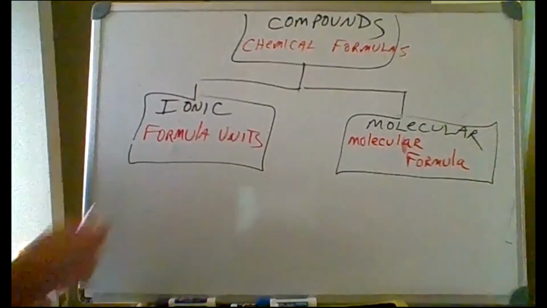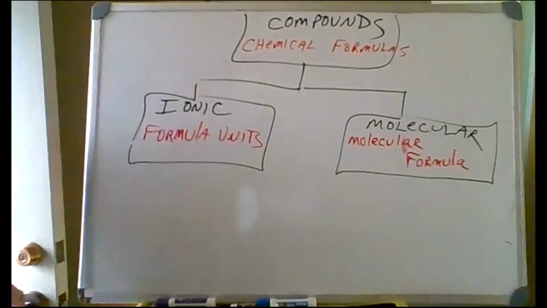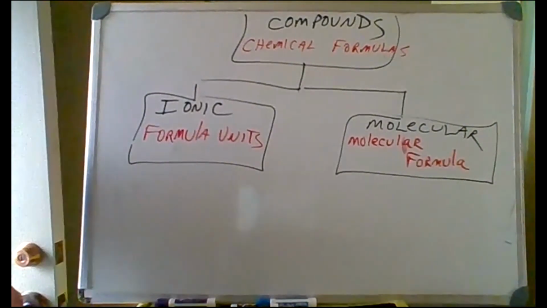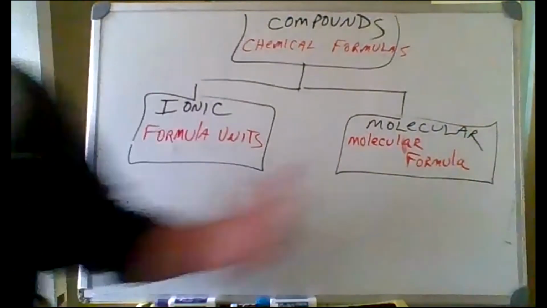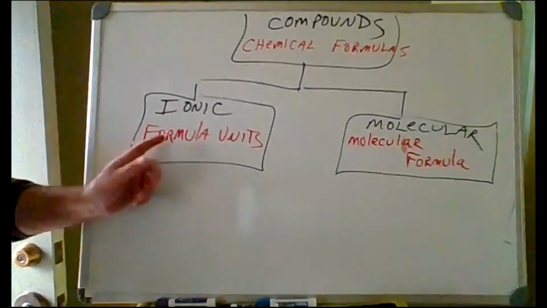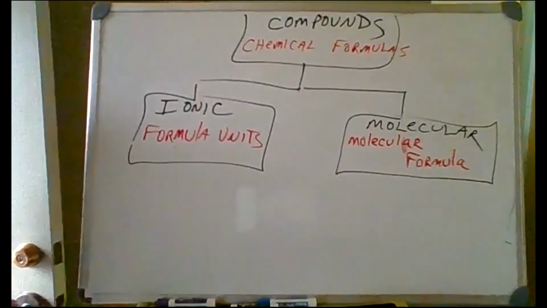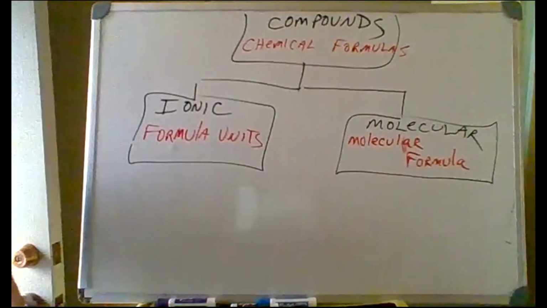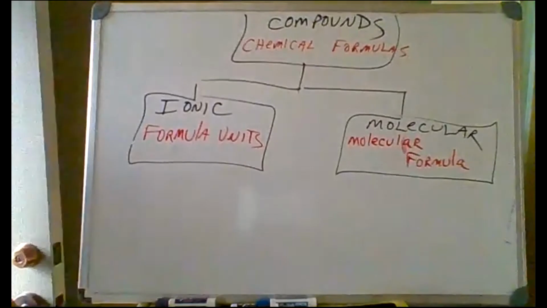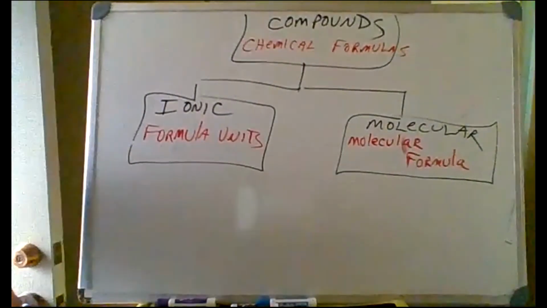Now, we gave a rigorous definition for a formula unit last class: the smallest whole number ratio between the cations and the anions in an ionic compound. So let's give a rigorous definition for molecular formula, because it's actually quite different from the definition for a formula unit, as we're going to see in a moment. I'm not sure this is the textbook definition, but it'll work for us.